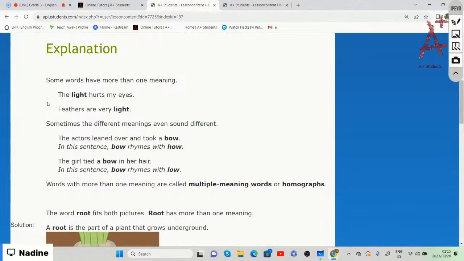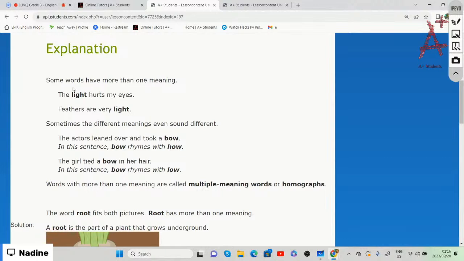For example, light and light. The first light can mean switching on the light when it is dark, right? And the other one is feathers, that can be very light, and that is to do with weight. Something being light or being heavy, for example. And sometimes with different meanings, it even sounds different. Like for example, bow and bow.